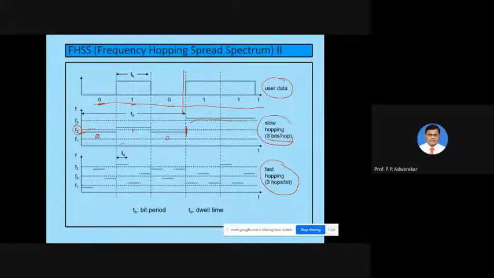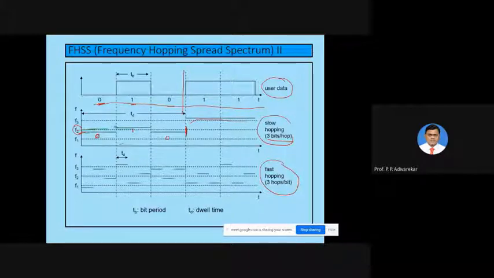F2 is this line, and 0 stays on a frequency slightly lower than F2, whereas data bit 1 stays on a frequency slightly higher than F2. That is what distinguishes 0 and 1. If the frequency is slightly lower than F2, it is a 0, and if slightly higher than F2, it is a 1.